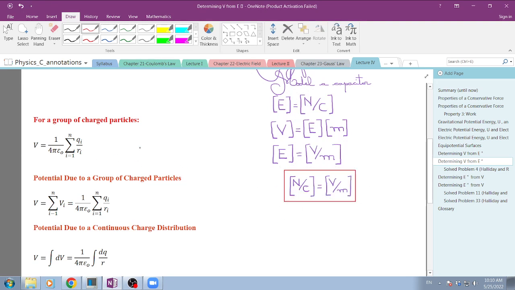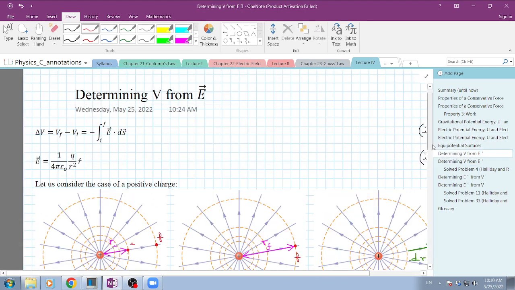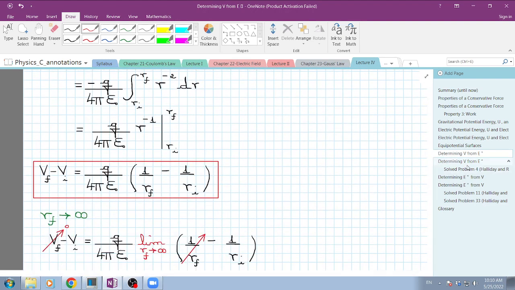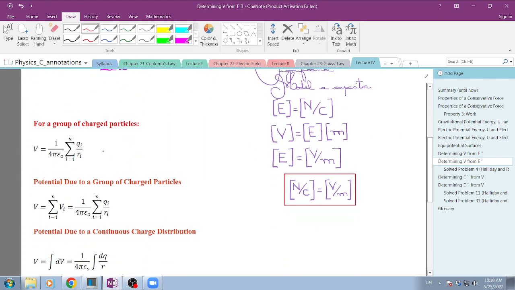Guys, we can generalize this concept, right? I found the electric potential for one particle, but if we consider a system of particles, all you have to do, following what we did before for the electric field and for the electric force, is just add up all the contributions for all the individual charges in the system.